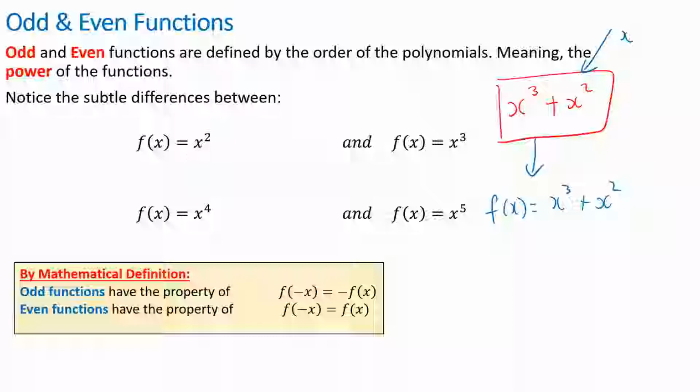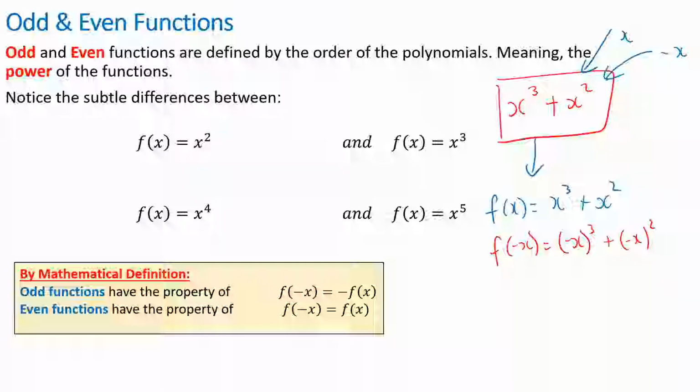If I now substitute in negative x, we're going to check out if it's either one of these. So put a negative x in, so what will I have? I'll do it in red so we can see. Here we go. f of negative x is equal to, I'm substituting negative x in, you cube it, plus substitute negative x in, and then you square it. If I simplify this, what does this become?